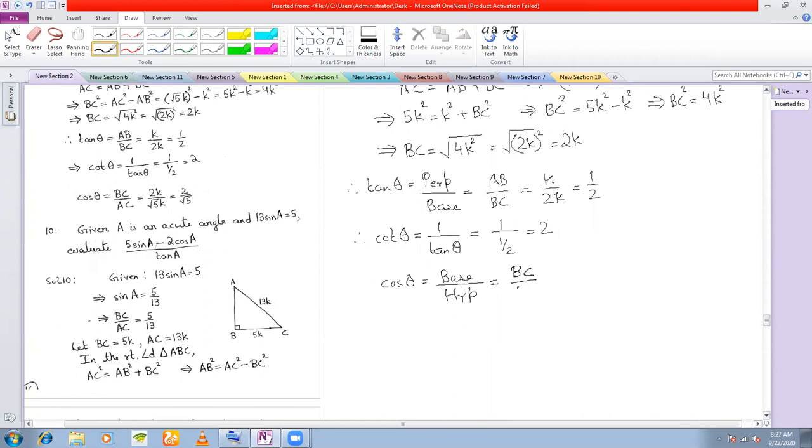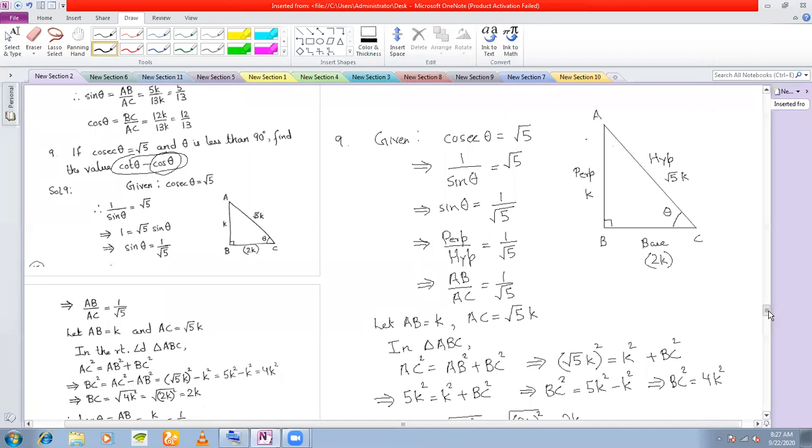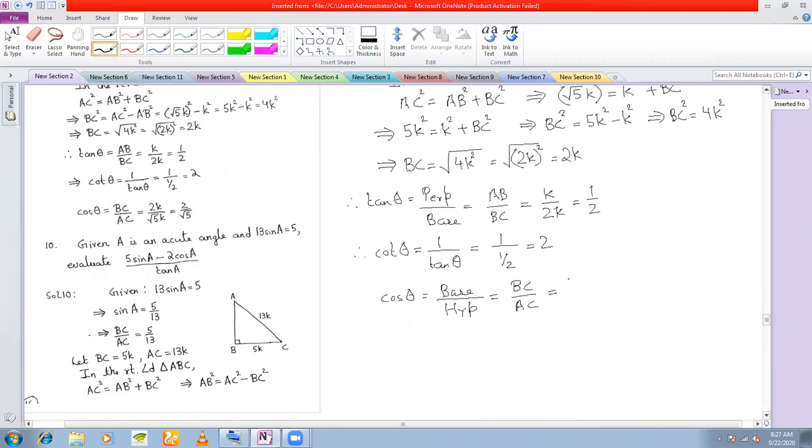BC by AC is 2K by root 5K. So this cancels, and you simply get cos theta as 2 by root 5.